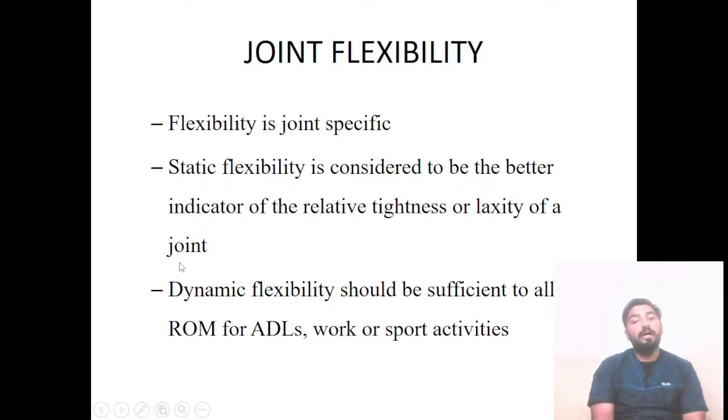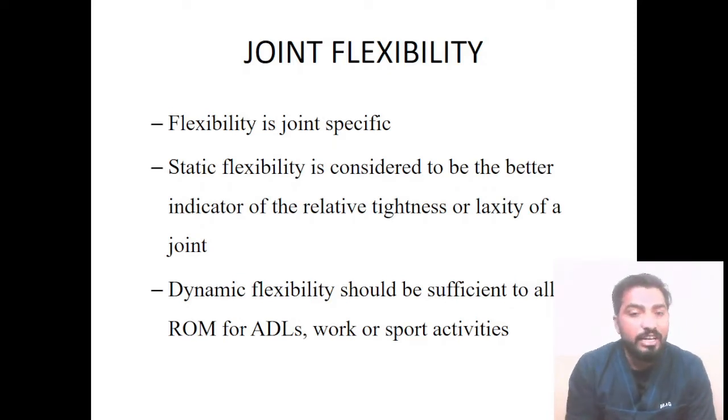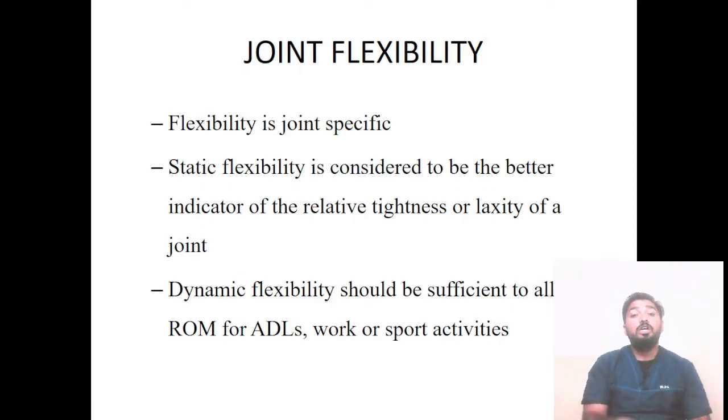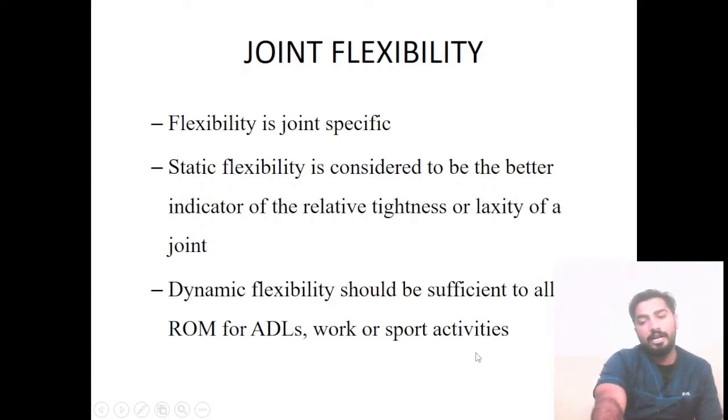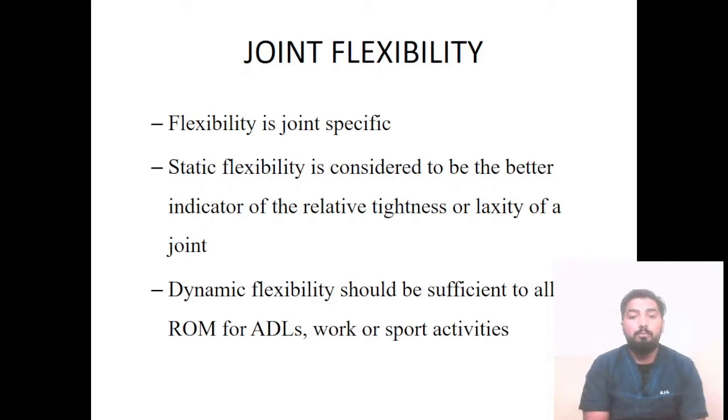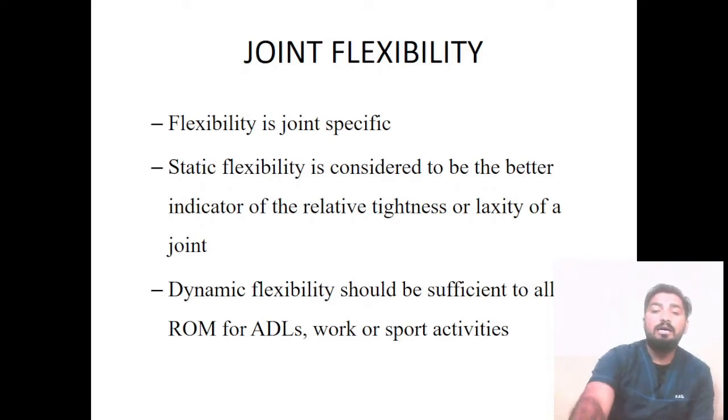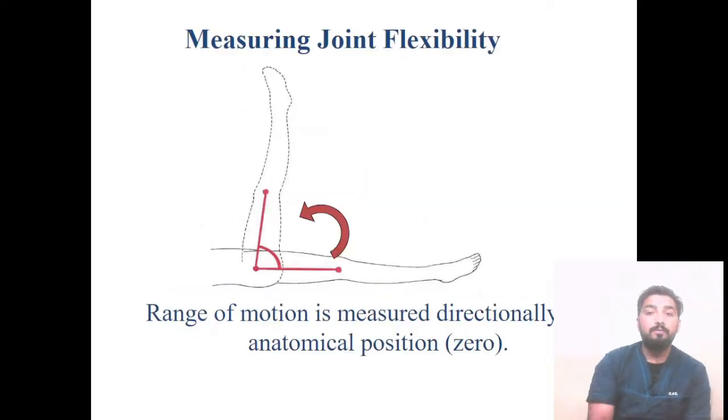So there are two kinds of flexibilities, dynamic and static, and static flexibility is better understood than dynamic flexibility. Dynamic flexibility should be sufficient to allow the range of motion for activities of daily living, work, or sport activities. It means that the more significant would be the static flexibility.